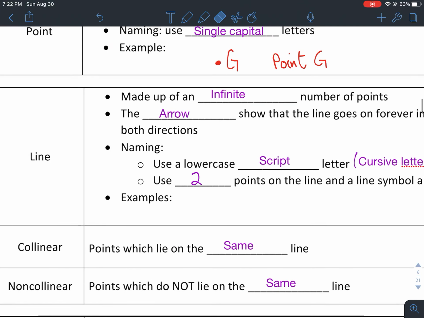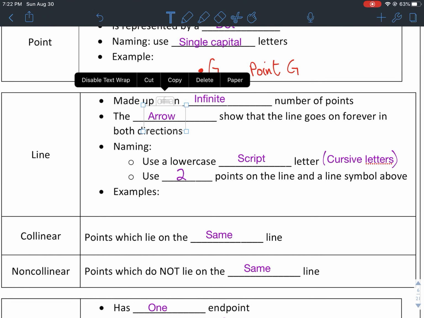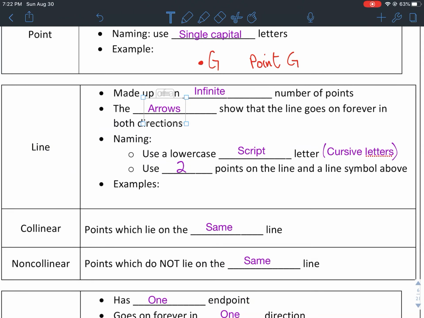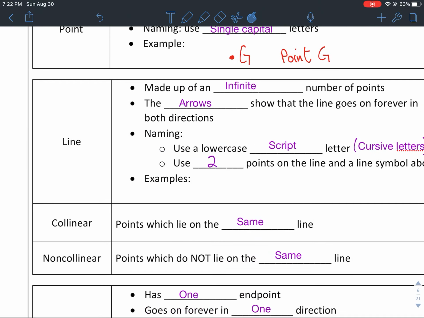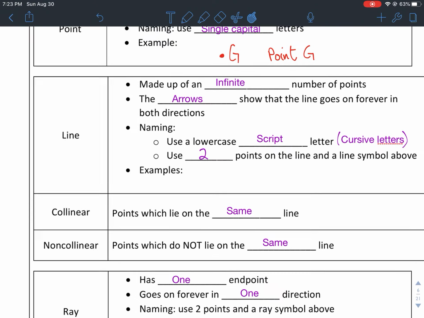A couple other features about it is that the arrows at the end show that the line goes forever in both directions. And when you name it, you use a lowercase script letter, which script letters are essentially cursive letters, or you can use 2 points on the line and a line symbol above.